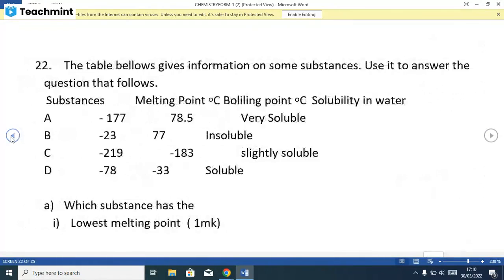C and D are gases at room temperature, so we are remaining with A and B. A and B are liquid.